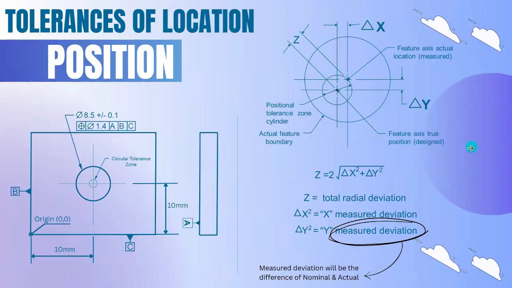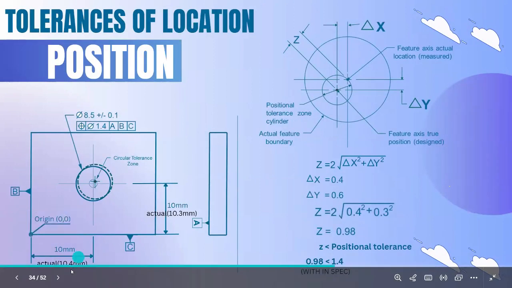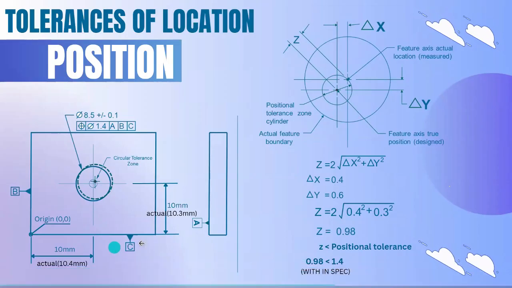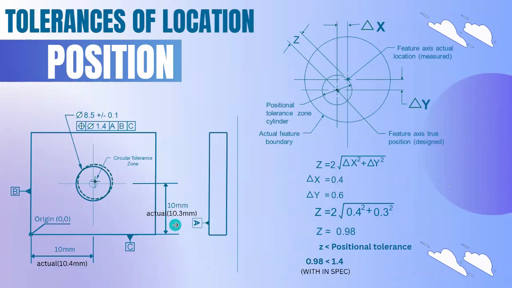For example, for this coordinate of 10 mm, the actual is 10.4. So the deviation is 0.4. For the y-axis, the actual is 10.3, so the deviation is 0.3.